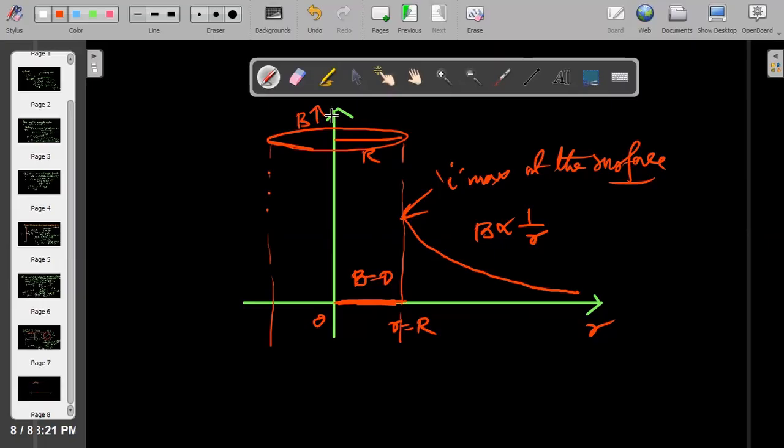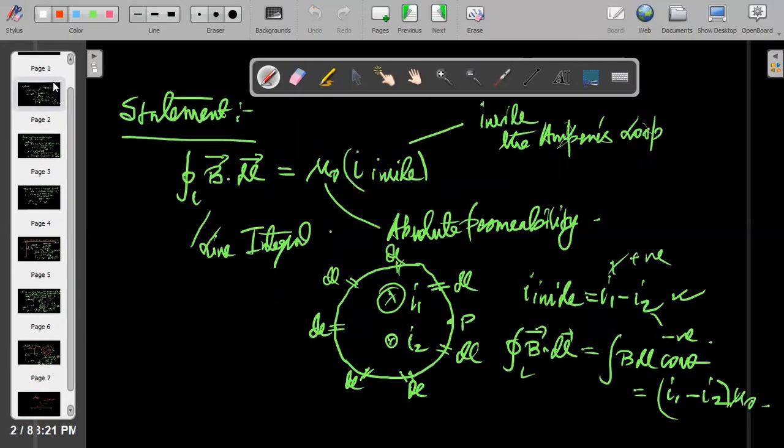Hollow cylinder, hollow sphere, some with a cavity inside, cavity resonators, circuits, and all these things are more applications of Ampere's circuital law, and we will be solving some problems also. But please recall what we have done in Ampere's circuital law. It is an alternative method to the Biot-Savart law, right?